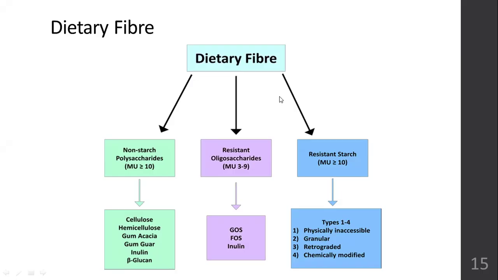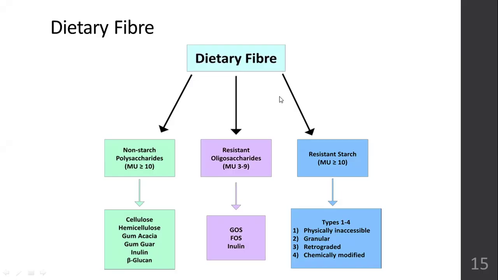Dietary fiber is also a carbohydrate, but you will not get energy from it because it is not going to be metabolized or broken down for energy. It is a very complex carbohydrate. It is supposed to give 4 kilocalories of energy, but your body cannot use it for energy.